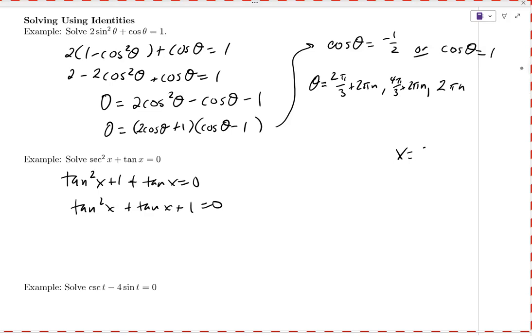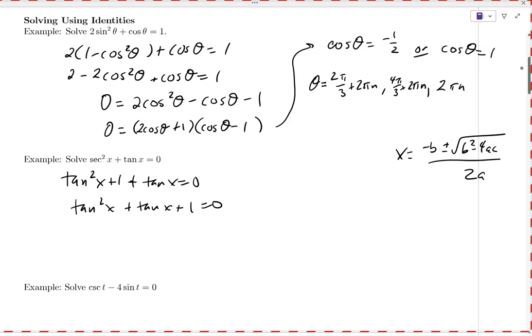x equals negative b plus or minus the square root of b squared minus 4ac, over 2a. Over 2a, good. Sound familiar? Okay.